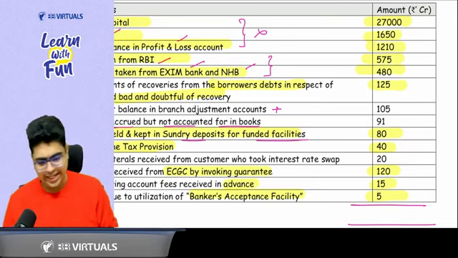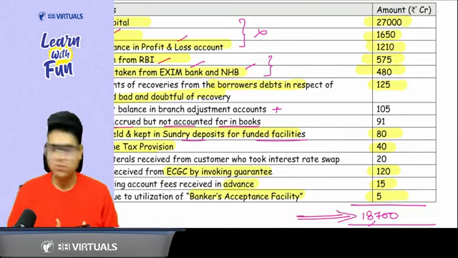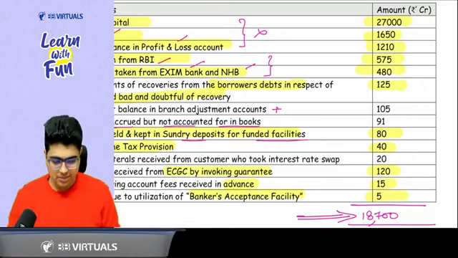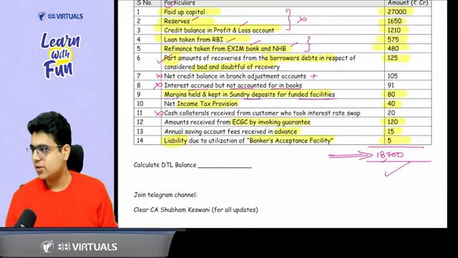It comes out to be 18,700. So this is how ICAI can ask you a good conceptual question, either practically or in the form of MCQ. So this is your DTL balance that I have just calculated for you.